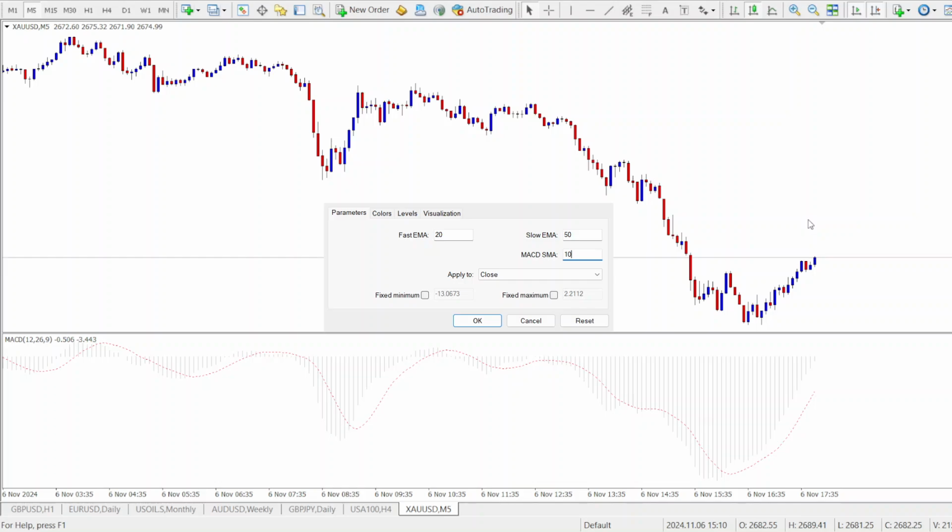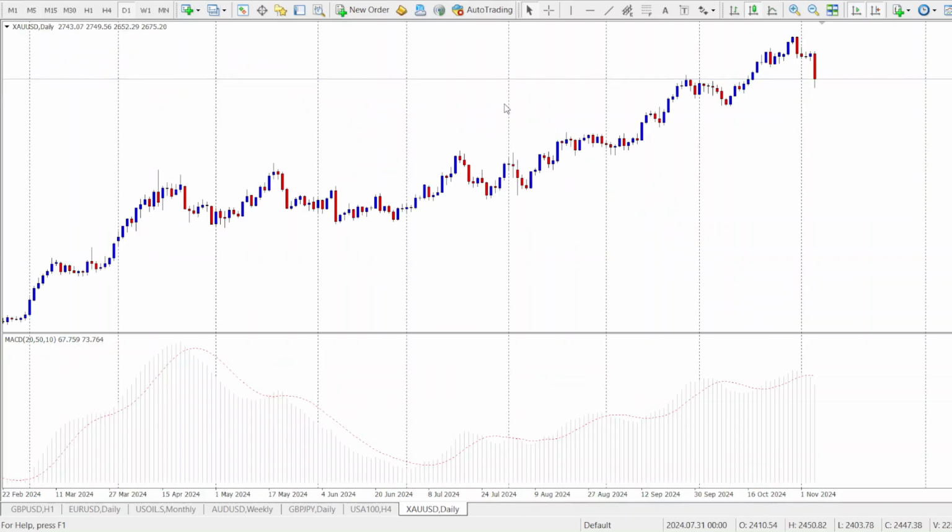Adjusting the MACD this way can give you clearer signals and help you avoid the noise that often comes with lower time frames. So we're just going to go to the daily time frame now, and we can see how it looks on the daily time frame.